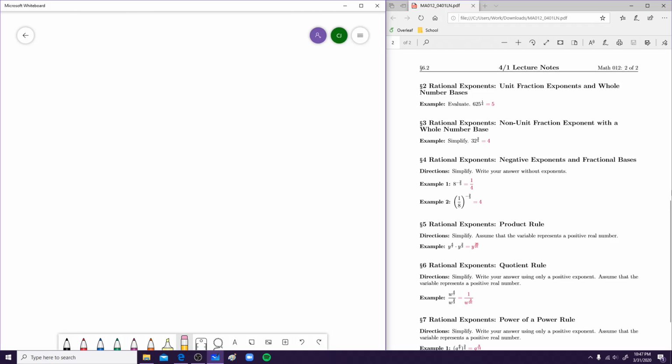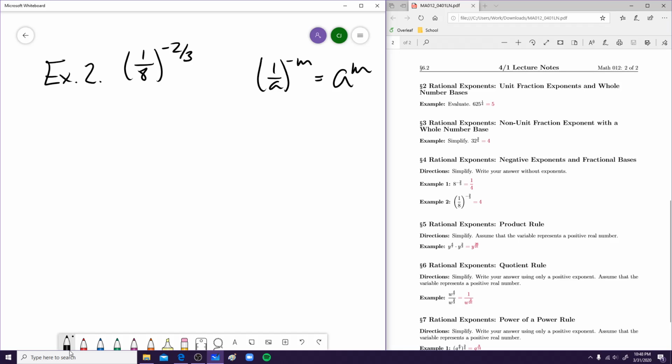For example 2, it looks kind of the same. The only difference is that it's 1 over 8 to the negative 2/3 instead of just 8 to the negative 2/3. Recall what I said: if this was 1 over a to the negative m, this is equal to a to the m.